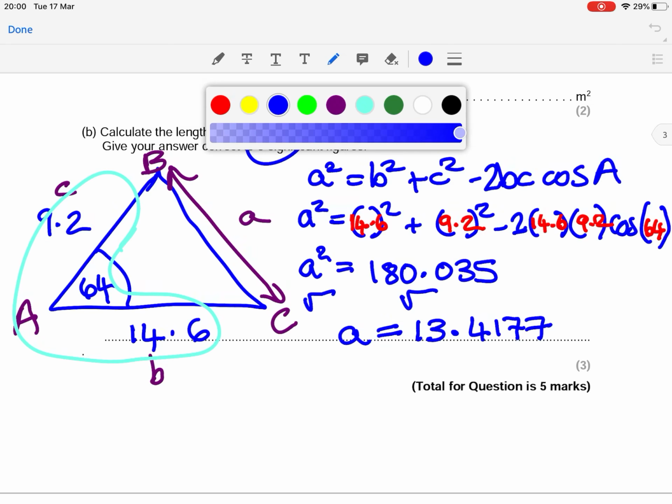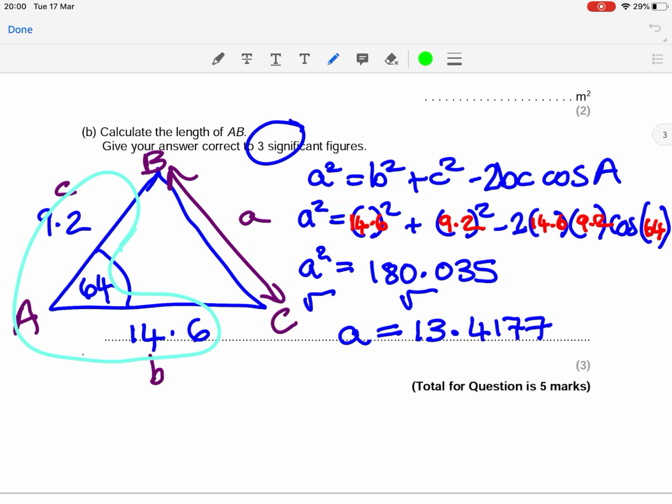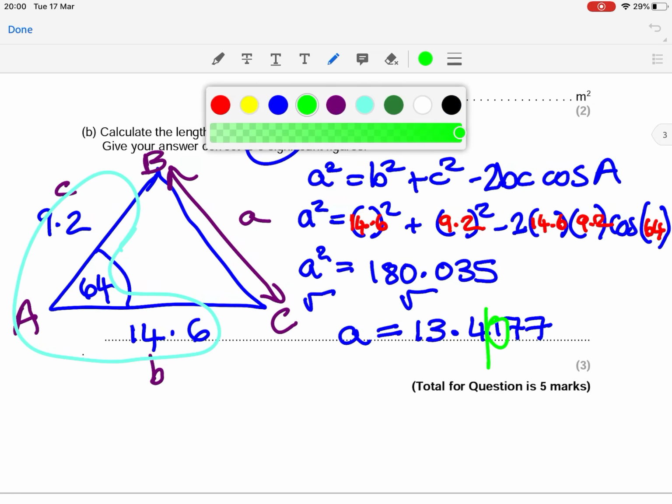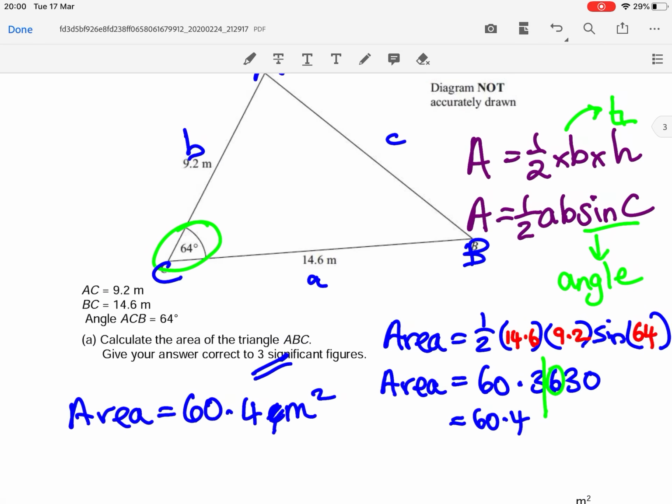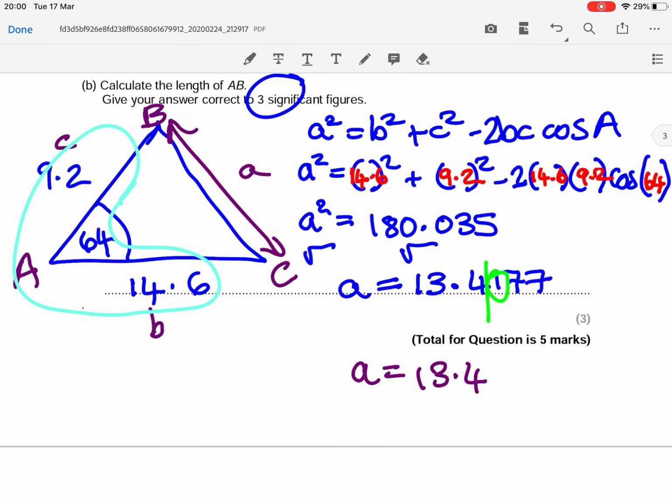So again, I'm going to my numbers, I'm counting 3 digits starting with a non-zero number, 1, 2, 3, drawing a line, looking at that 1 and I'm deciding, is that pushing me up or am I staying the same? In this case, we should notice that this means I stay exactly the same. My A value is 13.4, and let's check our units, I believe are metres. There's my answer.